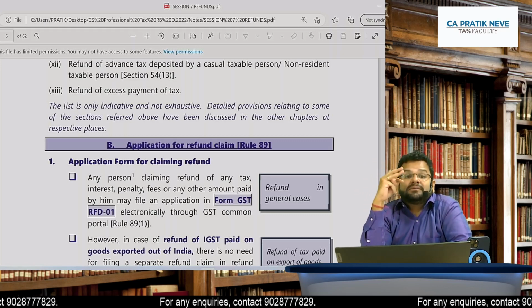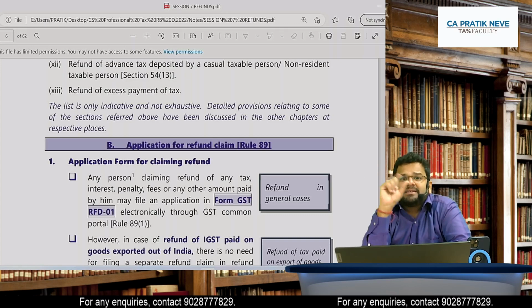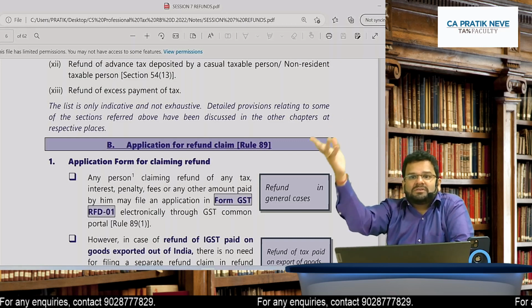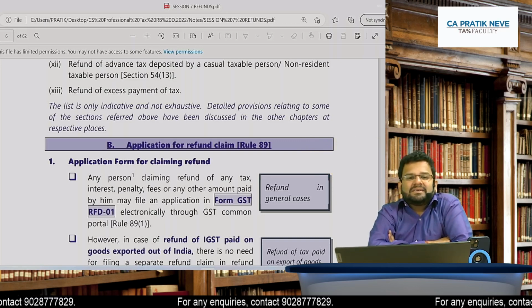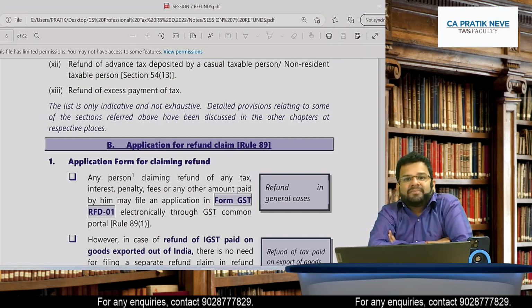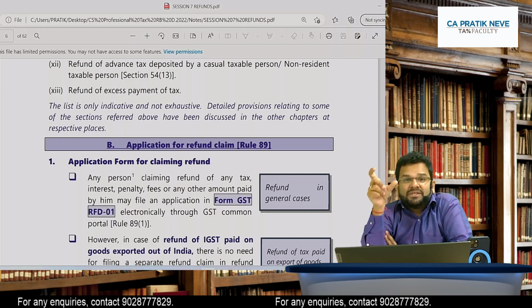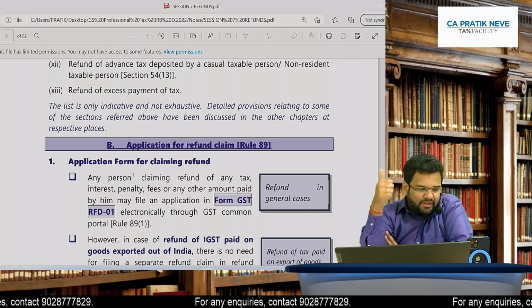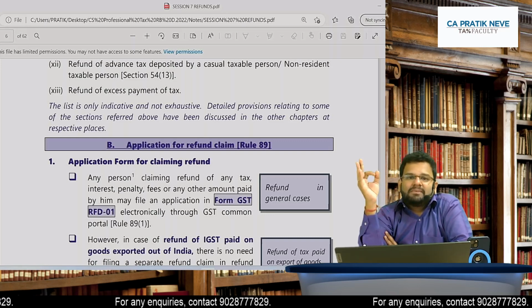Third important is when on exports I am paying IGST, then that whole IGST will be refunded. Fourth is tourist leaving India, who have done some purchases in India by paying IGST. Fifth, CTP NRTP, of the excess amount which they have paid. Yes, provisional assessment. Wonderful. So these are very important cases where refund can be granted.